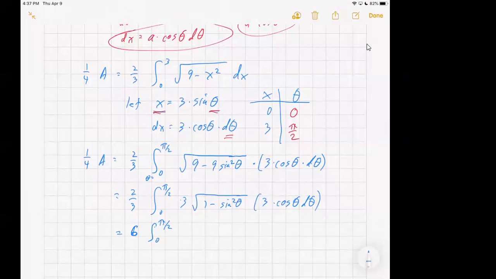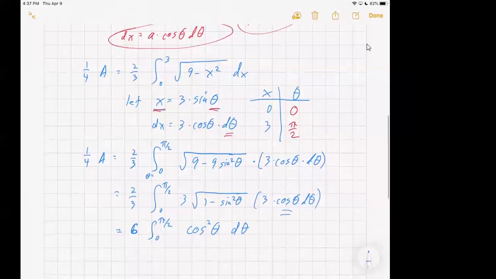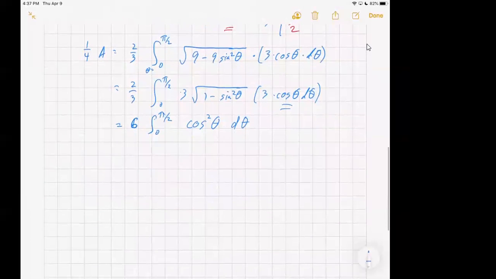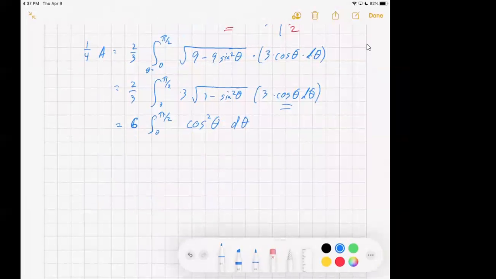And then the square root of 1 minus sine squared is the square root of cosine squared, which is cosine of theta. But then we have an extra factor of cosine theta, so we have cosine squared of theta d theta. Now this takes us back to the last section where we did integrals of trig functions.